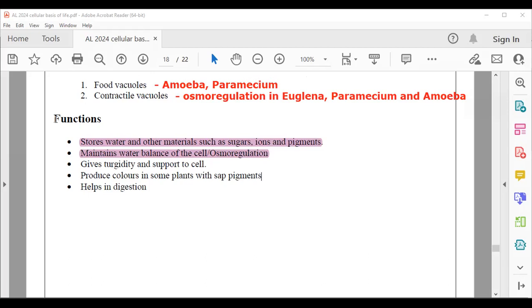They are found in certain microorganisms. Amoeba and Paramecium like microorganisms have food vacuoles. Euglena, Paramecium, amoeba like microorganisms have contractile vacuoles. Are you clear? Clear, sir.